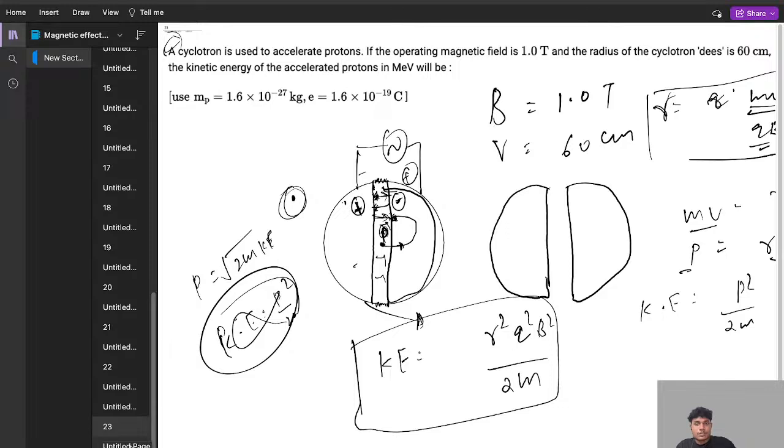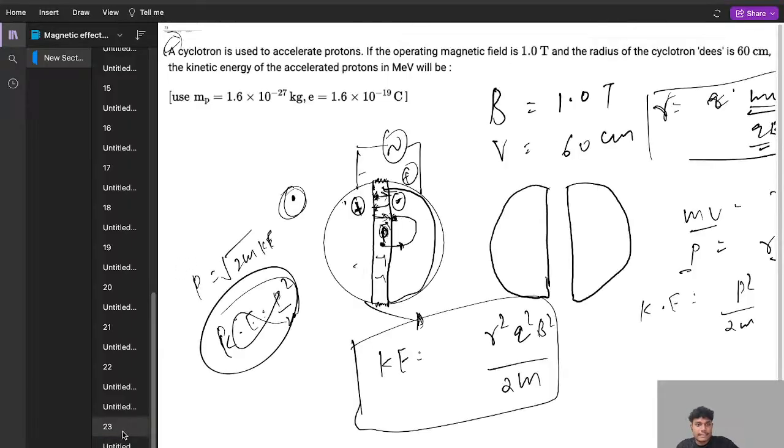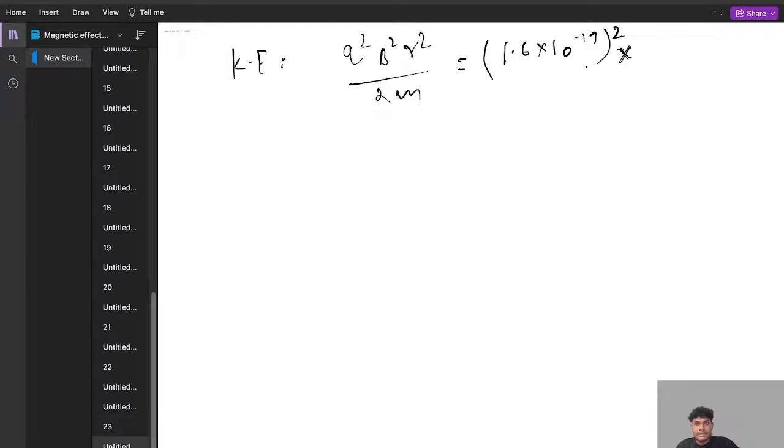Okay, so what is our q, आप सगळं यूज टू एक्सट्रैक्ट प्रोटॉन। ओके, प्रोटॉन का q पता है, m पता है, मैग्नेटिक फील्ड अपनी 1 टेस्ला है। ओके, what is q, that is 1.6 into 10 raised to power minus 19 whole square, q square. What is radius, radius I think 60 centimeter था अपना, हाँ, that is 0.6, that is 0.36 r square.